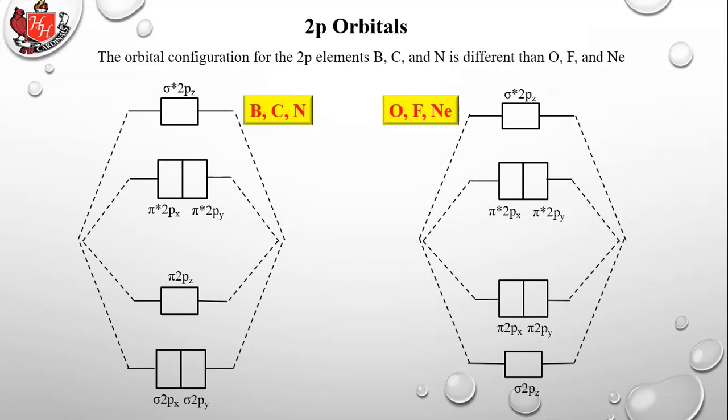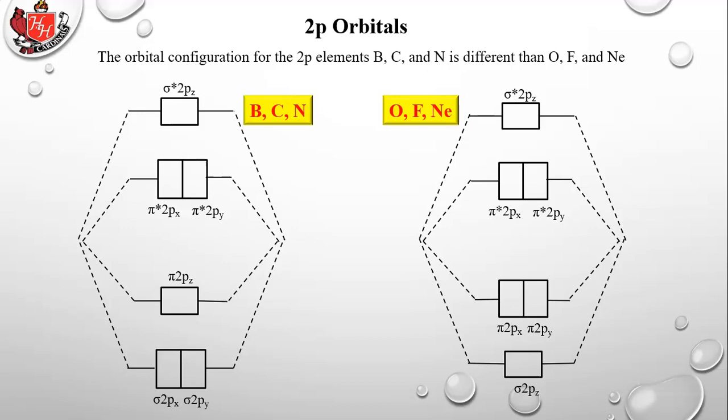Okay, so now we're going to look at the 2p energy level diagram, and we'll discuss it in general, and then we'll talk about a couple of differences here. So these are for the 2p elements. That would be boron, carbon, nitrogen, oxygen, fluorine, and neon. So let's look at the energy diagram over on the left. Let's just start with that one.